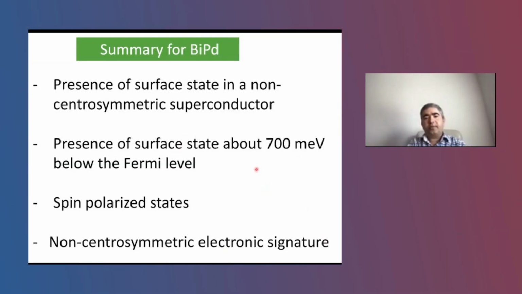Okay, so summary for BiPd: we get the presence of a surface state in a non-centrosymmetric superconductor, a surface state about 700 meV below the Fermi level, a spin polarized state, and non-centrosymmetric electronic structure we observe.